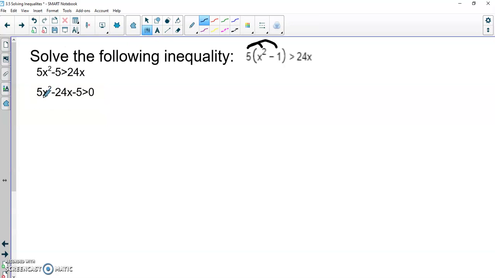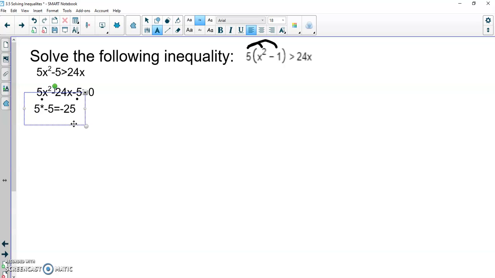AC grouping says the first thing you do is multiply the A and C values. So 5 times negative 5 gives me negative 25. From there, you list the factors of negative 25. What two numbers multiply to negative 25?